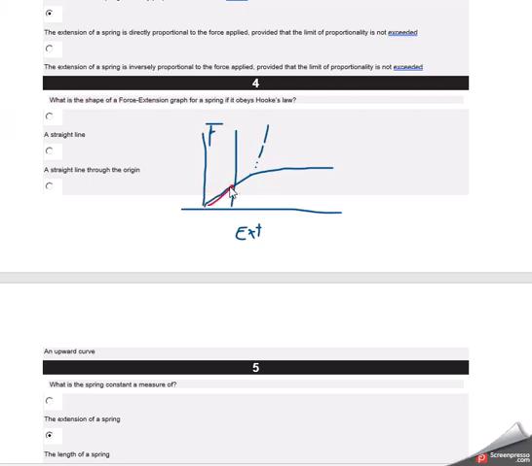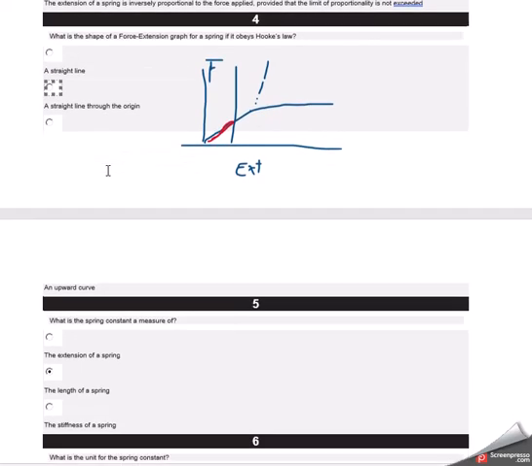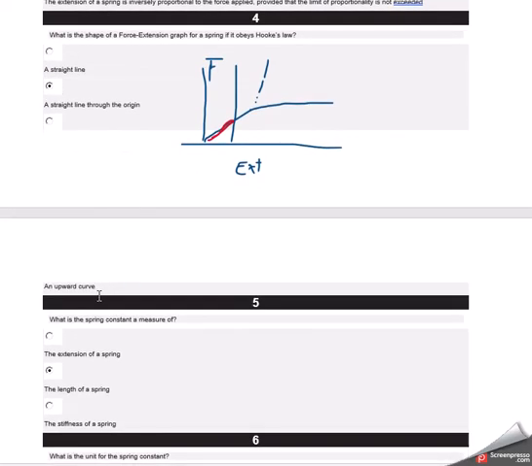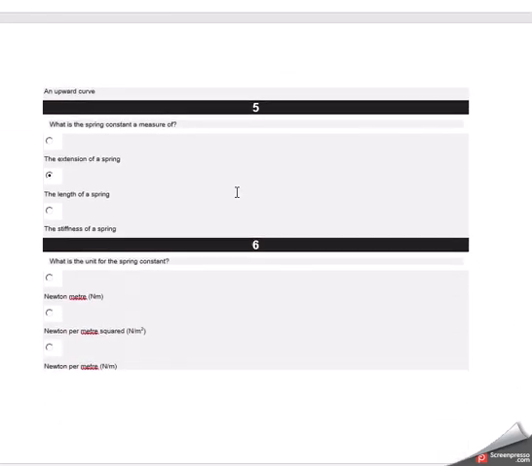So Hooke's law is the straight linear part. Actually, a straight line through the origin. This one, and definitely not the upward curve. The upward curve will be something like a piece of steel, where you stretch, and then it will go like that, with very strong force.